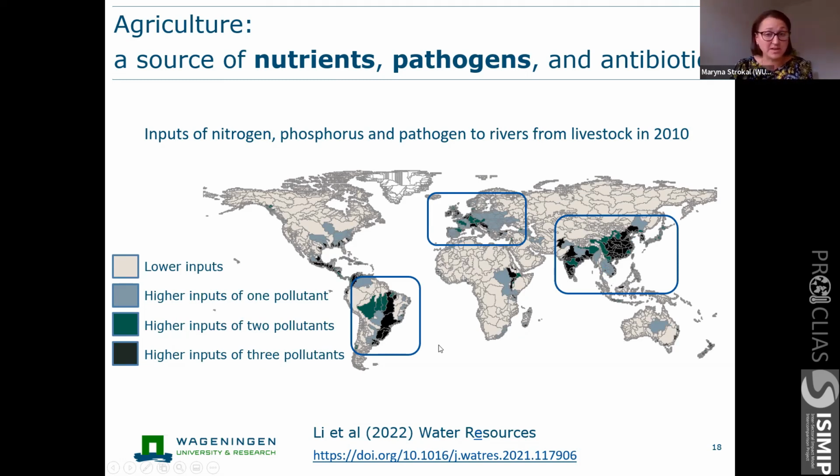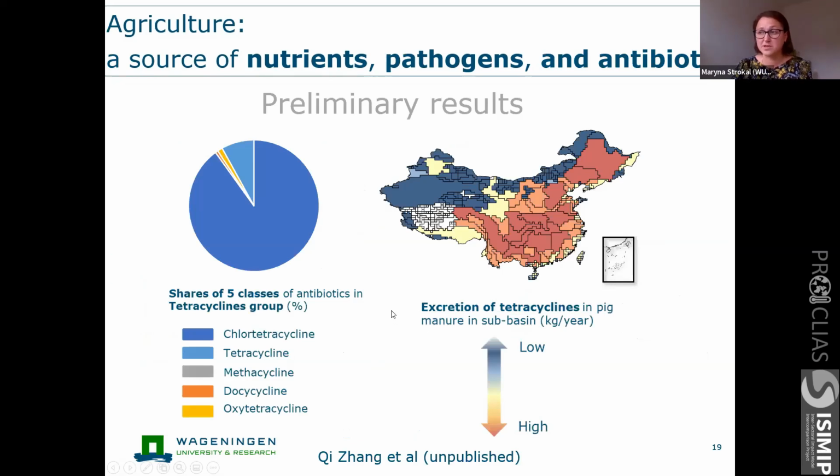So that is about agriculture as a common source of different pollutants. And on this slide, I show you the preliminary results for antibiotics, and in this case for China. So on the pie, you see the share of 5 classes of antibiotics in the tetracycline group. That's one of the groups of antibiotics, and there are other classes of antibiotics.